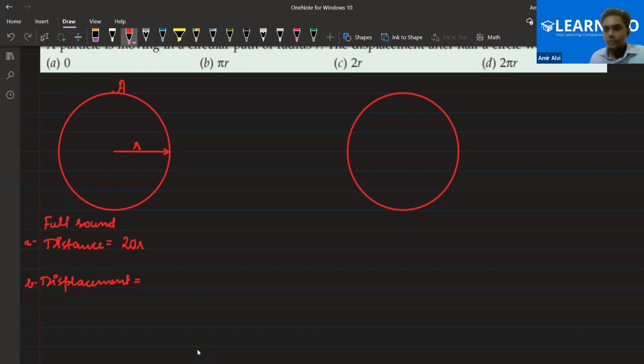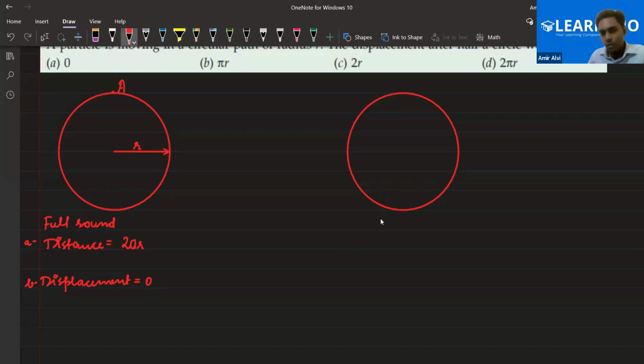Anam, you are saying something? No, sir, I was just about to say the same thing. Okay, sure. So it means that whenever the object comes back to the same position, the displacement is going to be 0 because the initial and final positions are the same. So there is no gap between the initial and final point. That's why it is 0. Okay.